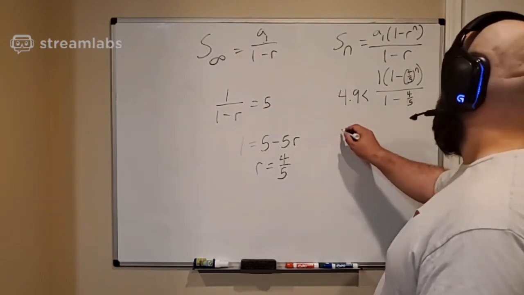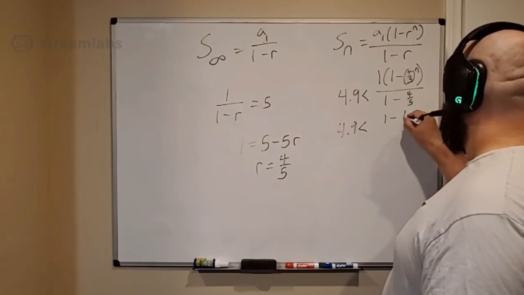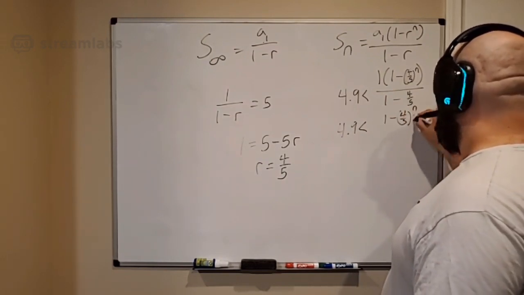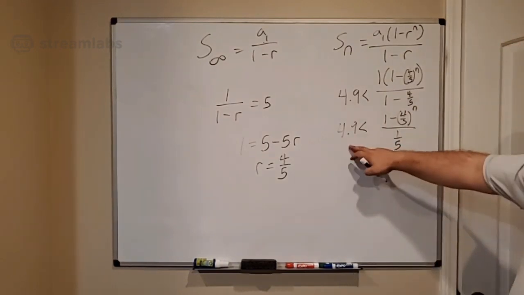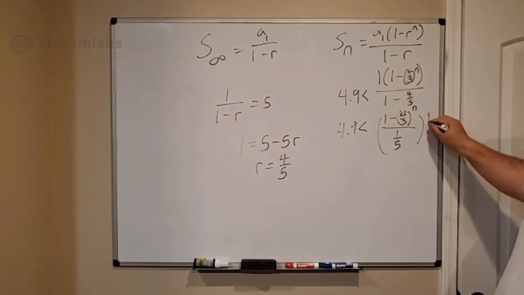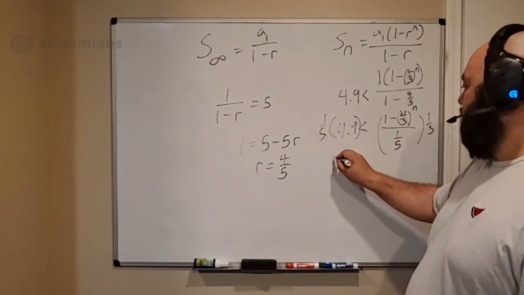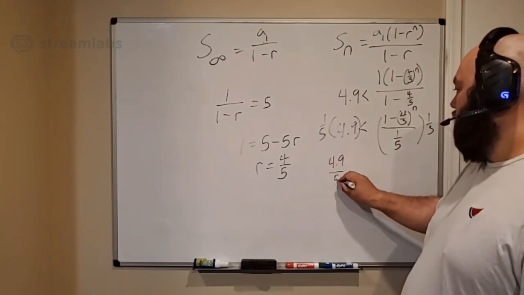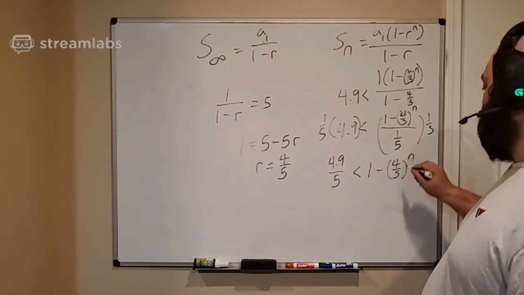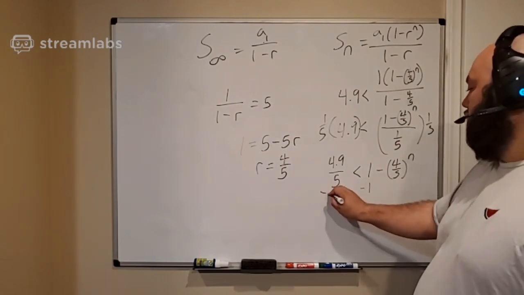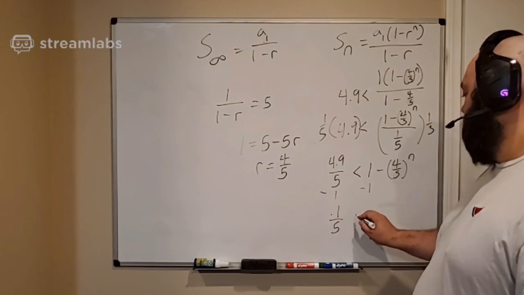We can drop the parentheses here, and 1 minus 4/5 is 1/5. Multiply both sides by 1/5 to get rid of the fraction on the denominator. So 4.9 over 5 is less than 1 minus 4/5 to the n. Subtract the 1, and you get 0.1 over 5 is less than negative 4/5 to the n.